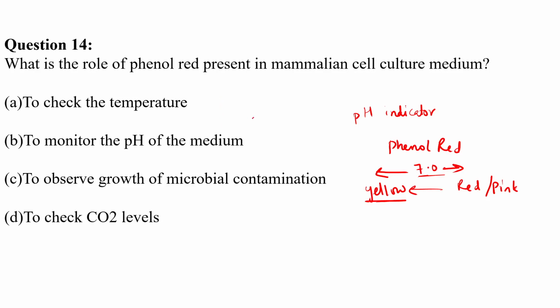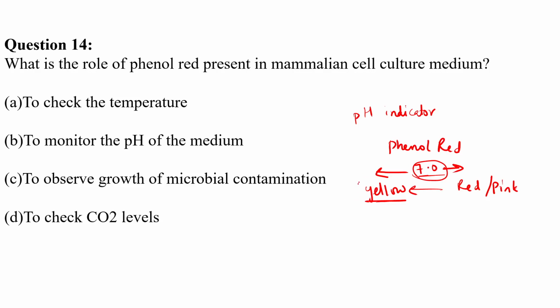So if you are giving 5% of CO2, maybe the medium is not able to buffer the system, and you might have to increase the percentage of CO2 in order to maintain the pH at 7 to 7.4, as we looked in the previous question. Okay.